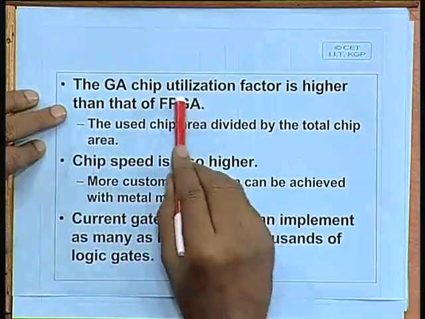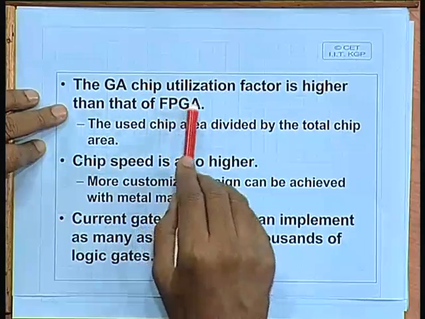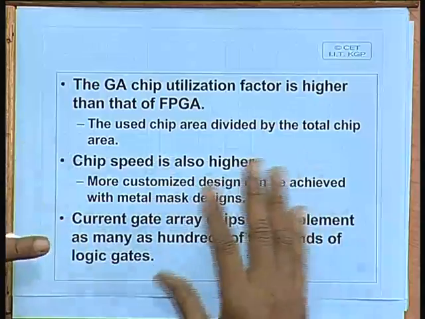Now in terms of the performance and the utilization of the floor area, obviously for a gate array the chip utilization will be much higher than of FPGA, because here on the chip we are not putting in any useless thing in order to achieve the programmability. Memories, multiplexers, all those things are not there. They are only useful transistors, and we are trying to utilize as many of those transistors as we can in our design.